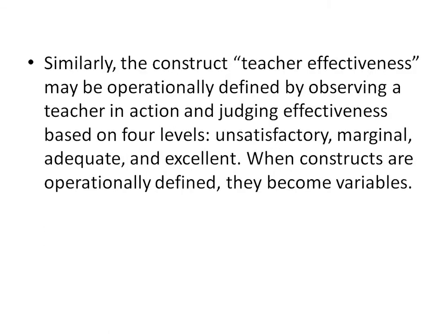Similarly, the construct of teacher effectiveness may be operationally defined by observing a teacher in action and judging effectiveness based on 4 levels: unsatisfactory, marginal, adequate, and excellent. When constructs are operationally defined, they become variables.